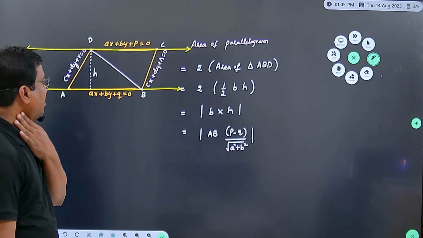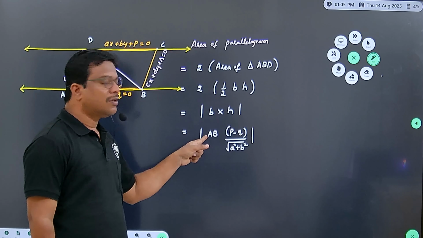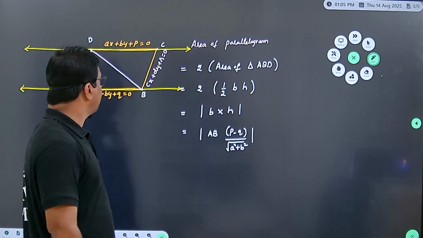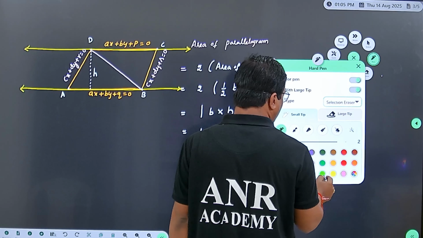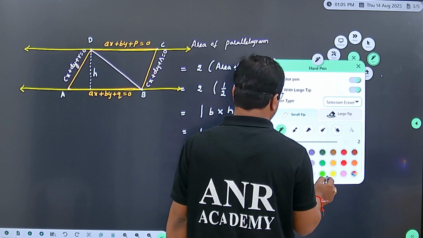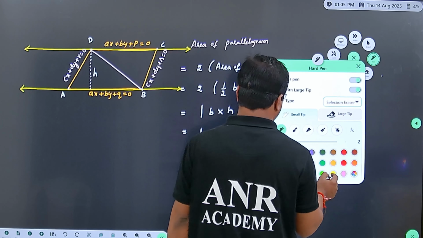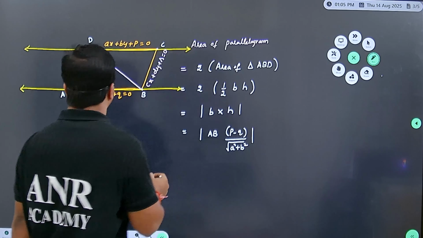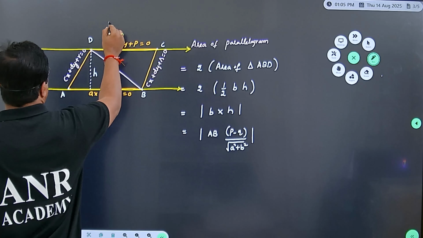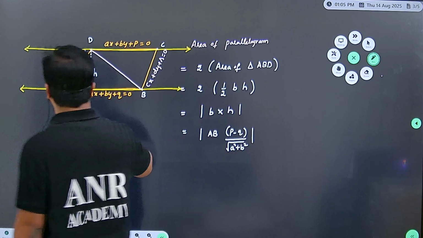Next, my aim is to find the length of AB. So to find the length of AB, I am going to use the remaining two parallel lines. Just extend AD and BC.